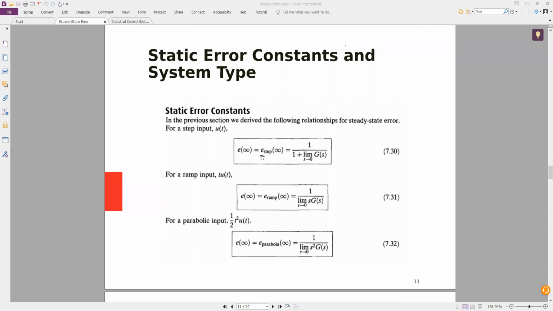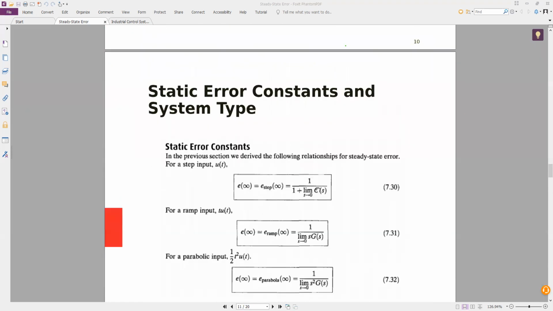Static error constants and system type. In the previous section, we derived the following equations for steady state error. For a step input u(t), this equation; ramp input, this equation; and parabolic input, half t square u(t), this equation.